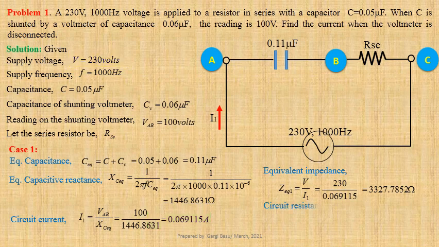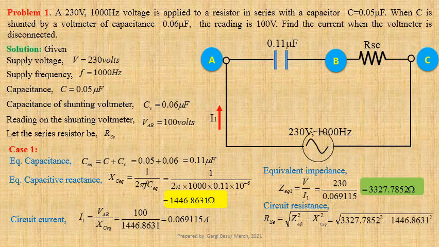Circuit resistance will be RAC equals root over ZEQ1 square minus XCEQ square. Using values we get root over 3327.7852 square minus 1446.8631 square, that gives us 2996.8 ohm.